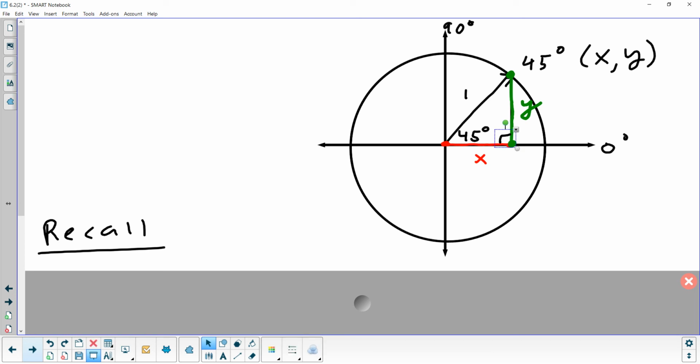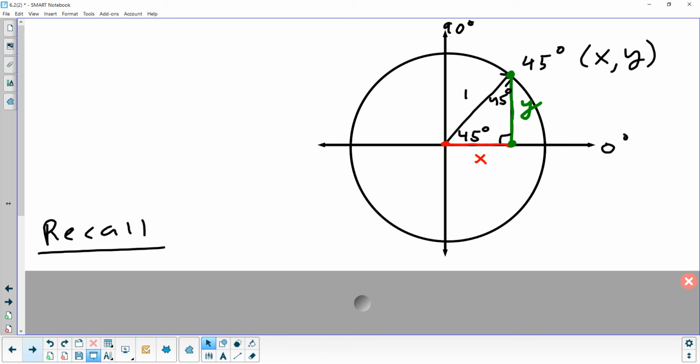Well, if you've already used up 90 and 45, that's 135. What does that leave for this top angle? Yeah, that has to be a 45. In a right triangle, if you have two angles that are the same, they both have to be 45s, because they all have to add up to 180. If they're both the same, that's isosceles.